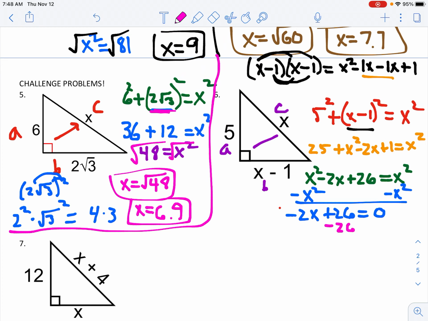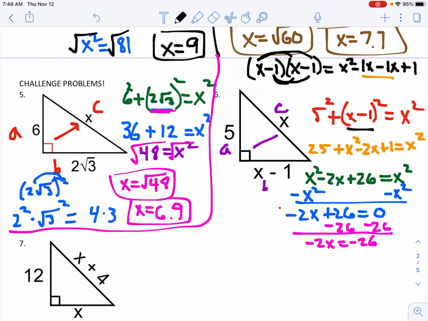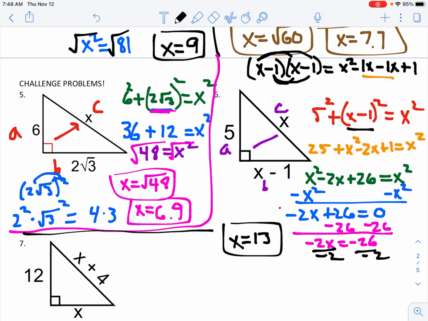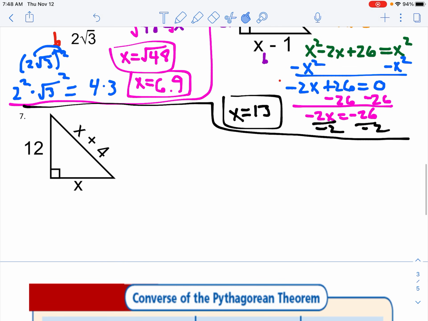If I subtract 26 over to get my x by itself, I'm left with negative 2x equals negative 26. Go back and divide both sides by negative 2, and we get x to equal 13. Okay, so anytime we have to do the FOIL, our x squareds are always going to cancel, and then it'll turn into solving for x.